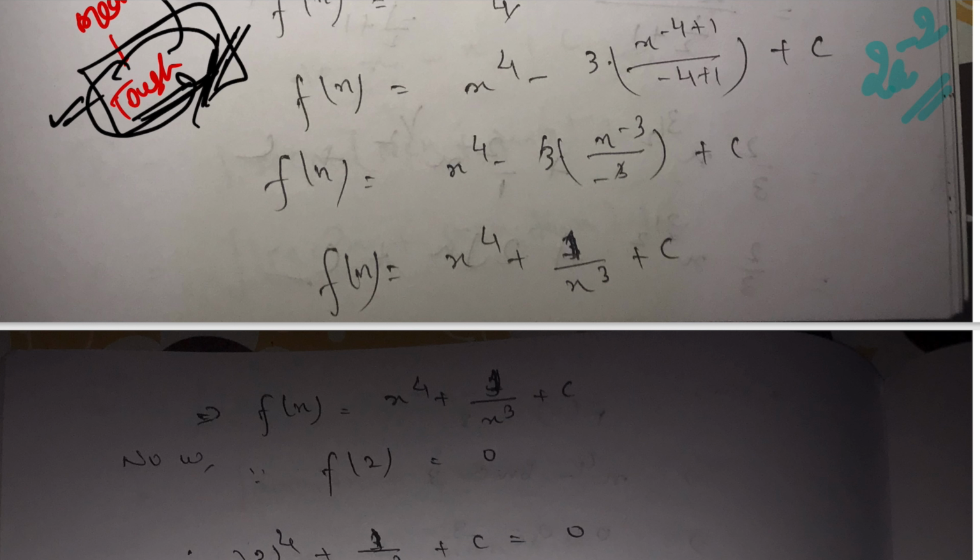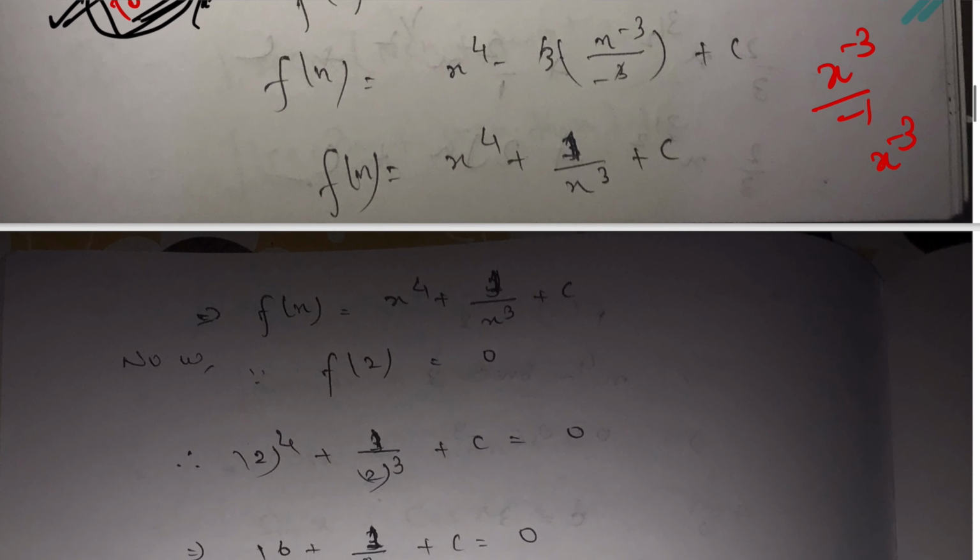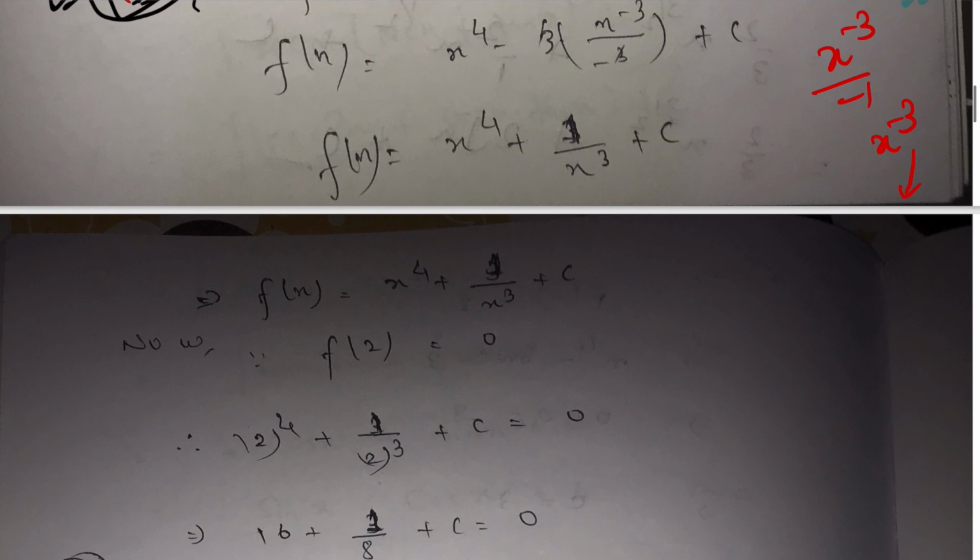Now see, x to the power minus 3 by minus 1. If we take this minus 1 upside, it will be multiplied to the minus 3 only. So we will have x to the power minus 3, simple. After that, this minus sign will be changed into 1 by, so we will write 1 by x to the power 3.